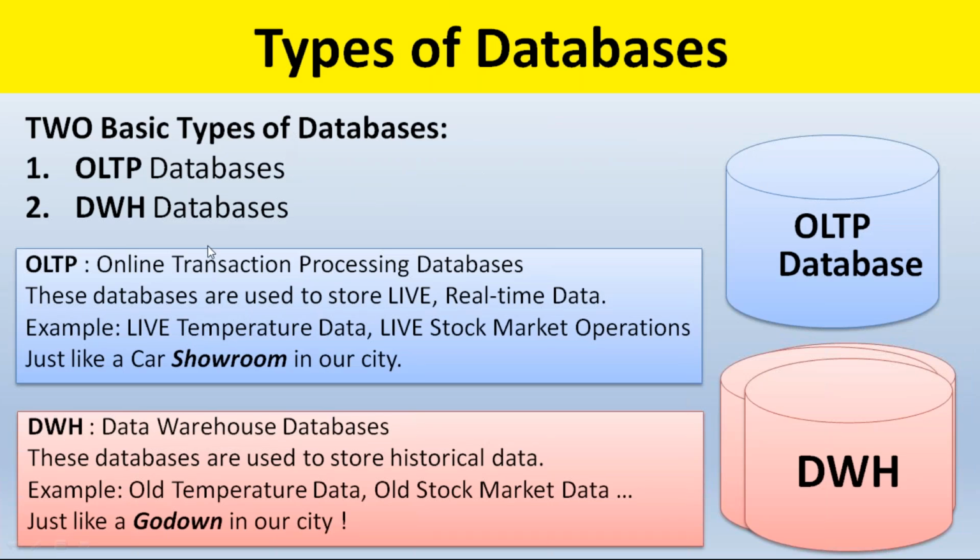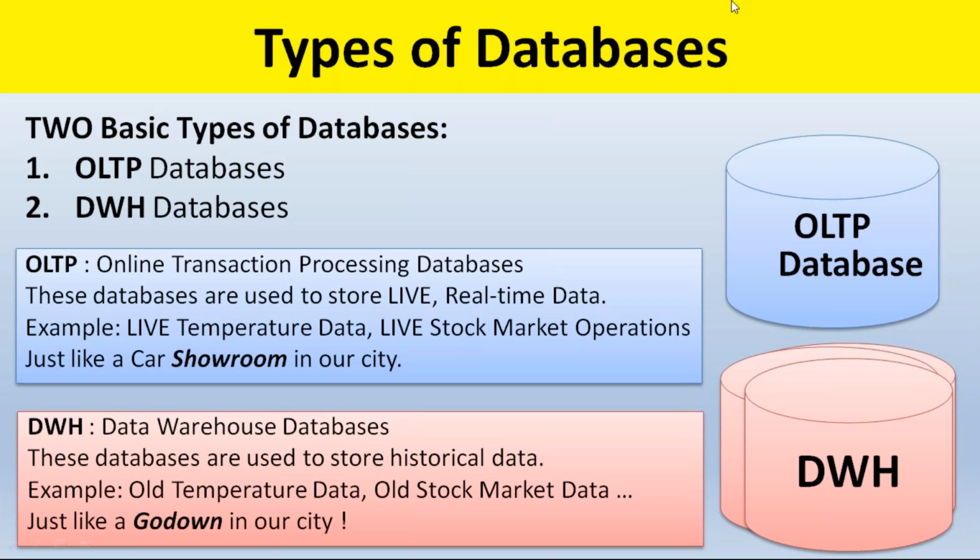OLTP, online transaction processing databases to store live real-time data like live temperature, live stock market operations, live online banking, live online reservations. In one of our class examples, live IoT, Internet of Things.